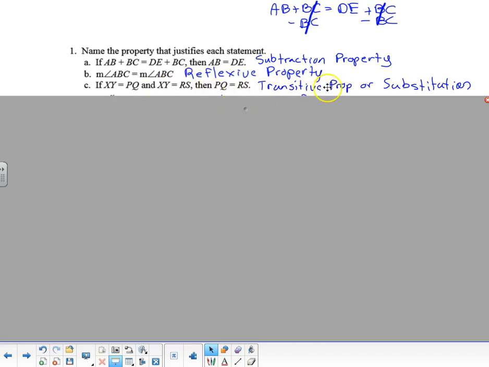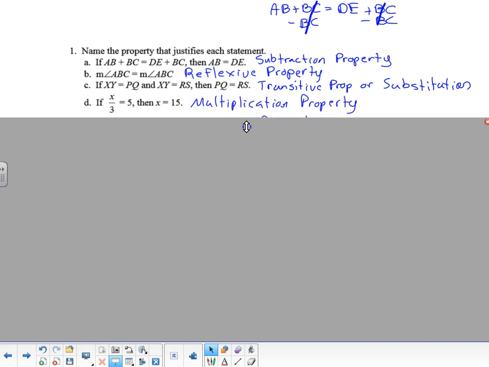You could call that either the transitive property or substitution. Essentially, we know they both equal XY, so we're replacing this XY with PQ. That would be a good way of thinking about it.